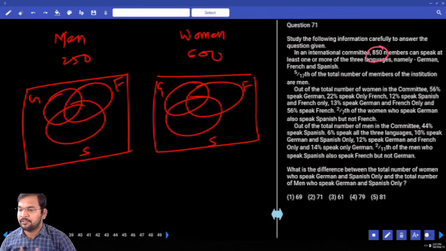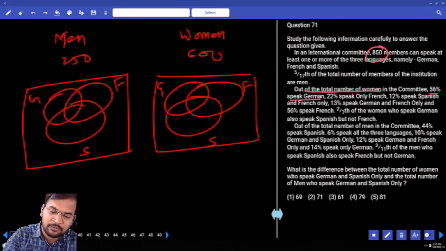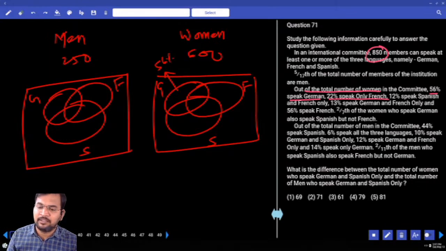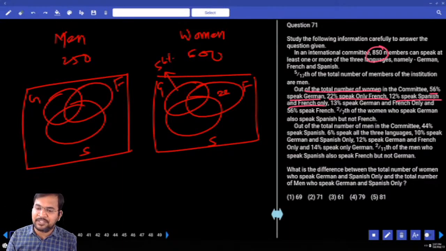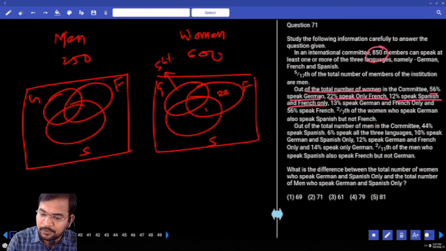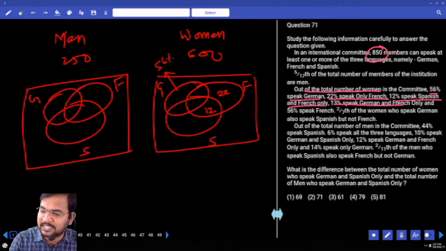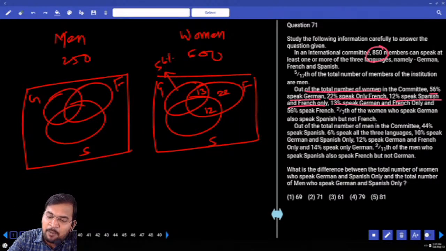Now read one by one. Out of the total number of women in the committee, 50% speak German, entire German, not only German. 22 speak only German, so write 22 here. Next, 12% speak Spanish and French only, so write it here. Next, 13% speak German and French. Next, 56% speak French, entire French is 56.